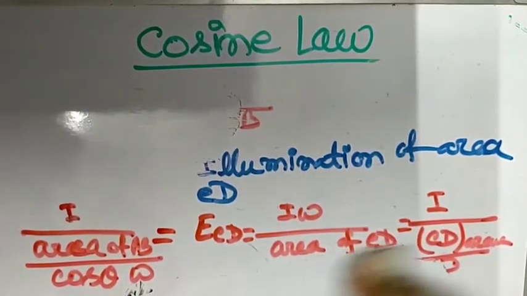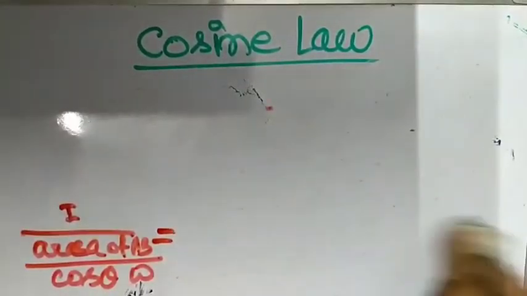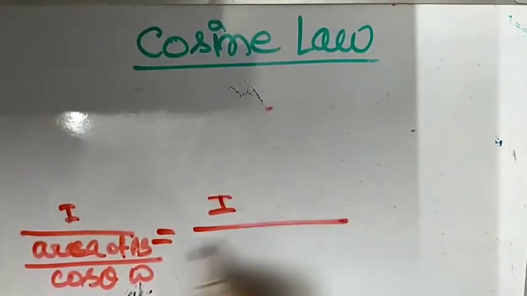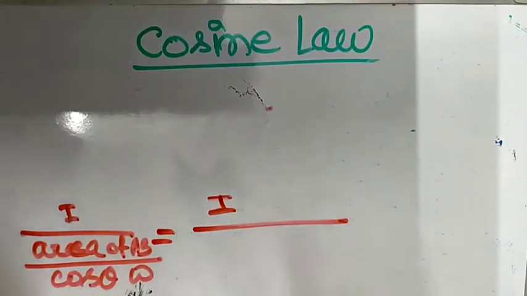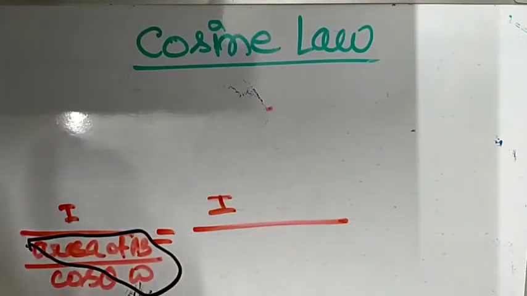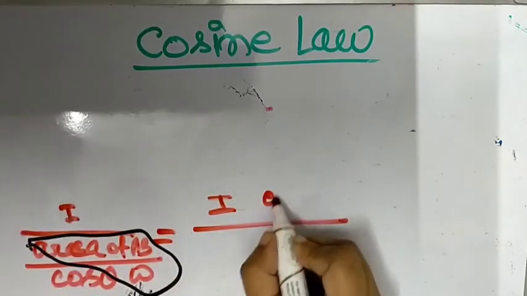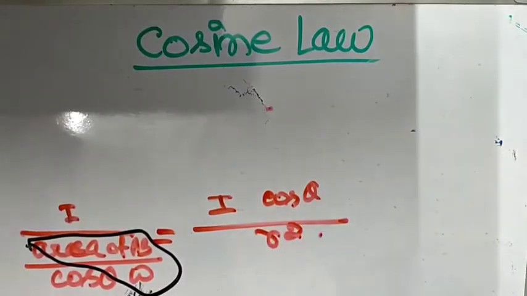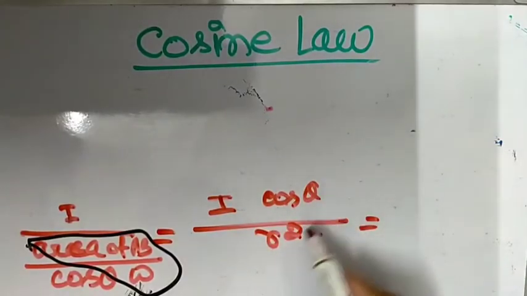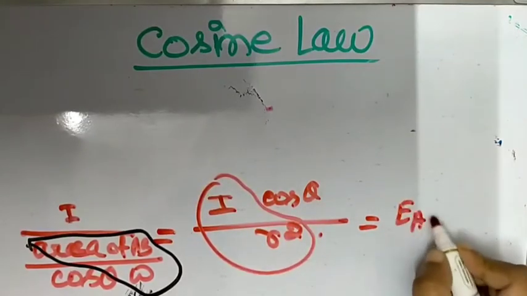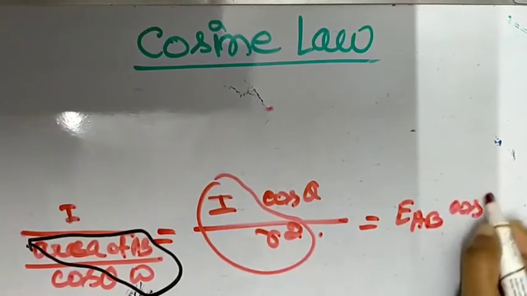Now this is equal to I, and this is equal to R square, so I into cos theta by R square, or we can write I by R square is E_AB into cos theta.